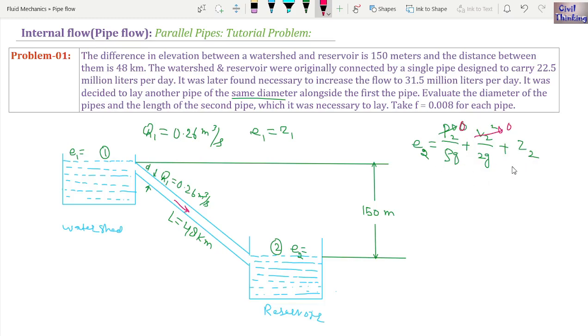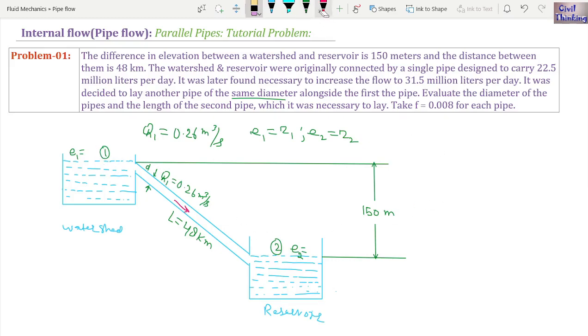So E2 is equal to Z2. Now we will apply the total energy equation between 1 and 2.